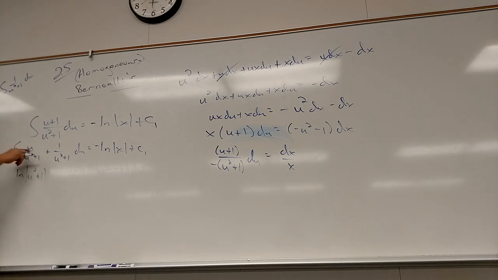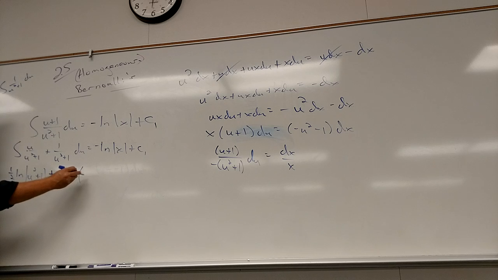It's natural log because the derivative of the inside is up there except for a factor of 2. This one is not natural log though, because its derivative is not there, but somebody just told us, arctangent of u. So if you did trig sub on this, you'd get there.